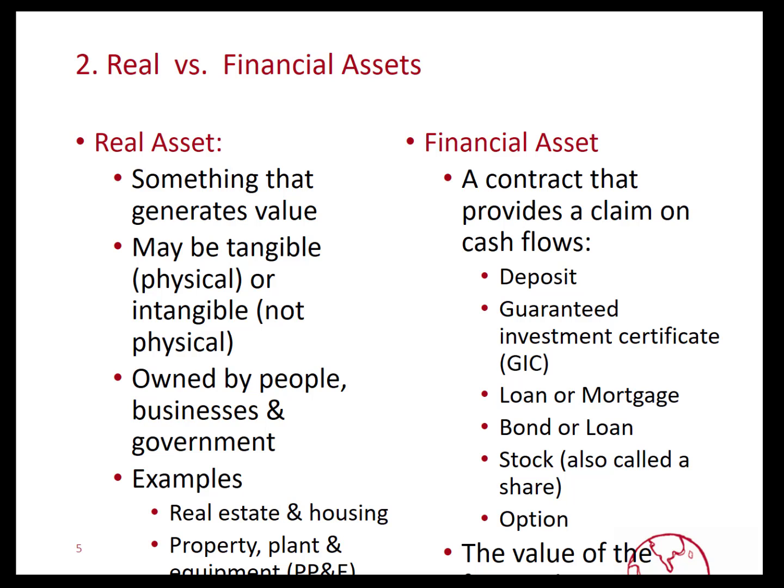The bank may make a loan to you or extend a mortgage, which are two different types of credit. Or you could issue a bond or take out a loan if you're a company. We also often talk about stocks or equities or shares, which imply ownership in an underlying asset, and an option is just one type of derivative.